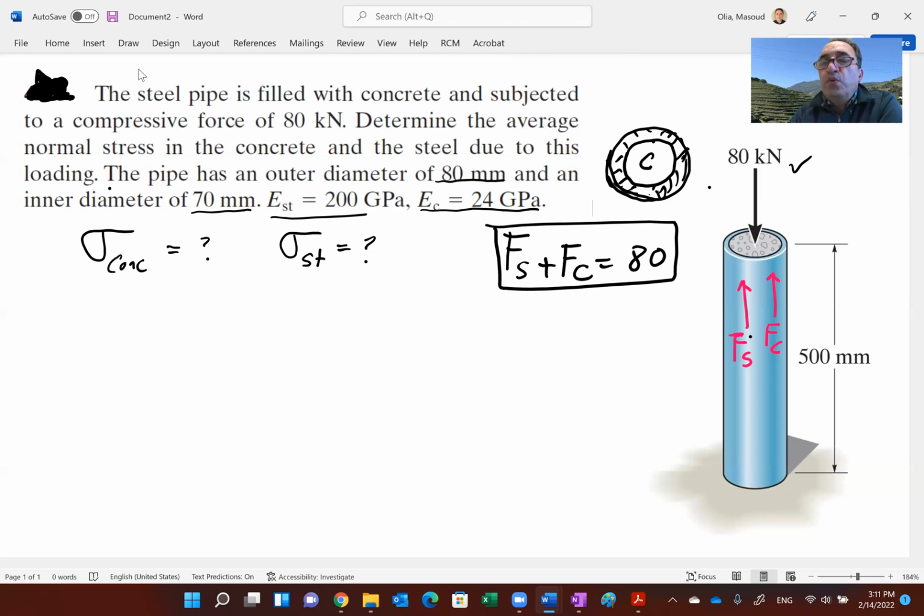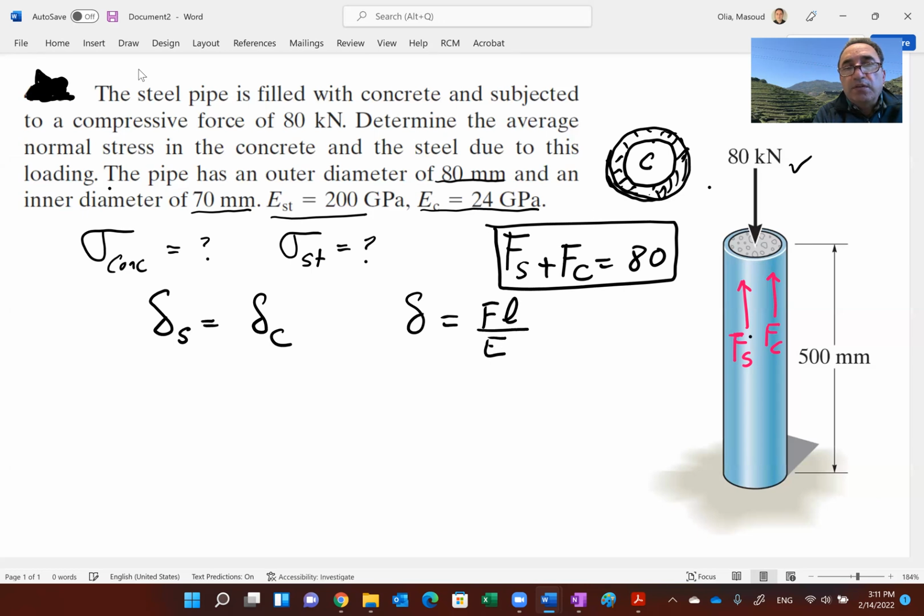You notice that what's really going to apply in this case is that when the load is acting in the compressive direction, and as I say, is distributed, the whole thing is going to go down, or is going to deform, which means that the deformation of the steel is going to be the same as the deformation of the concrete. So if it's like 2 millimeters, it goes down. That's for both the steel and the concrete. All right, so now you know that delta is what?